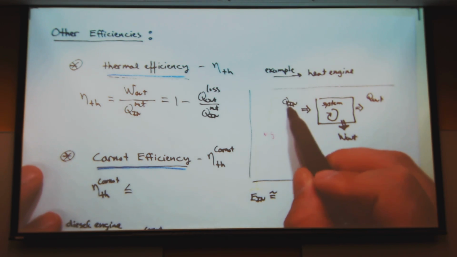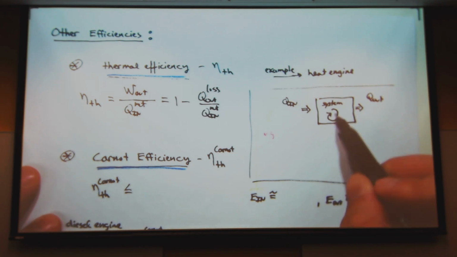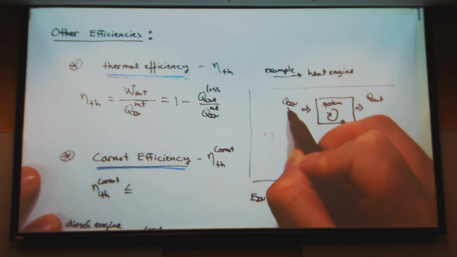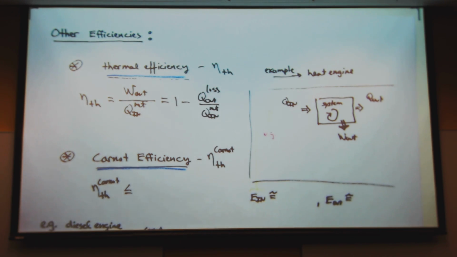Associated with this heat in, if I draw my system, that's a heat engine going through a cycle, which represents a cycle. I have some heat coming in, but we can't define heat in a vacuum. We need some vibrational modes, so there has to be a mass associated with the heat carrier. I guess you can have radiation, but still the radiation is something between a source and a receiver.